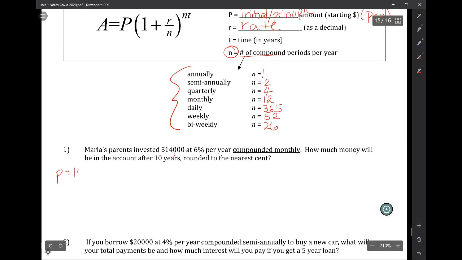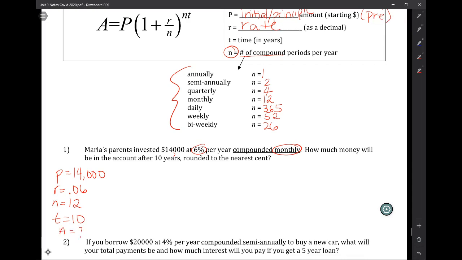That is her initial investment, so that's our P value. 6% is our R, so R is 0.06, just like yesterday. Compounded monthly means that N is 12. How much money will be in the account means I don't know A after 10 years T. So those are my variables, and the letter I'm going to be solving for here is A.